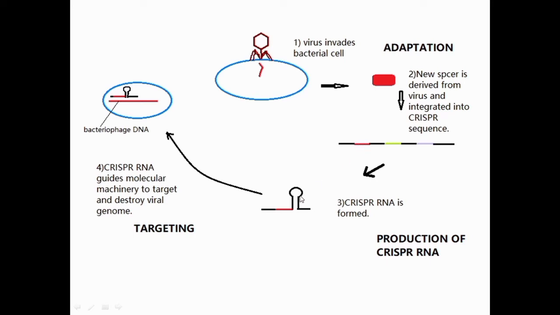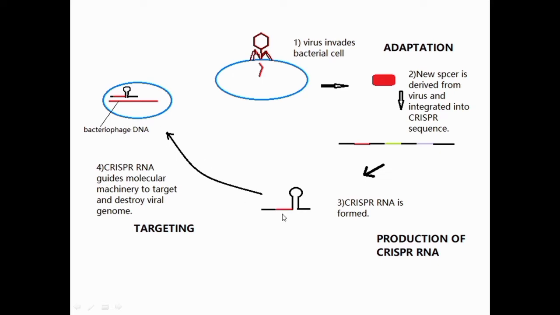Okay, so in future, if the same bacteriophage reinfects the bacteria, this CRISPR RNA will have a sequence which is complementary to the DNA sequence of that bacteriophage, because this DNA segment was derived from the bacteriophage itself.